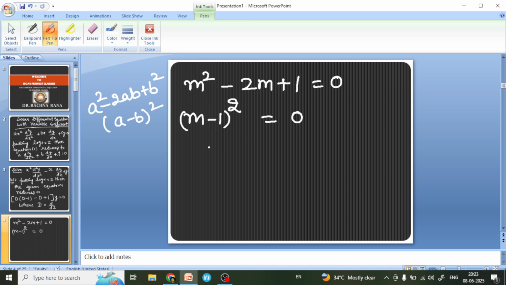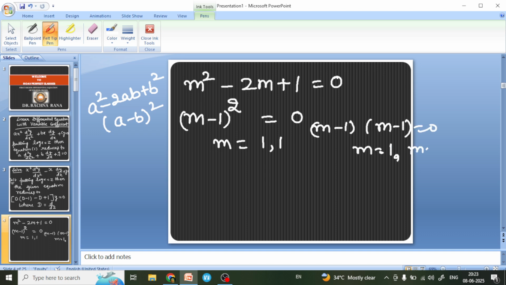And you will get m is equal to 1, 1. How? You can see here, m minus 1 equal to 0, m is equal to 1 and m is equal to 1.